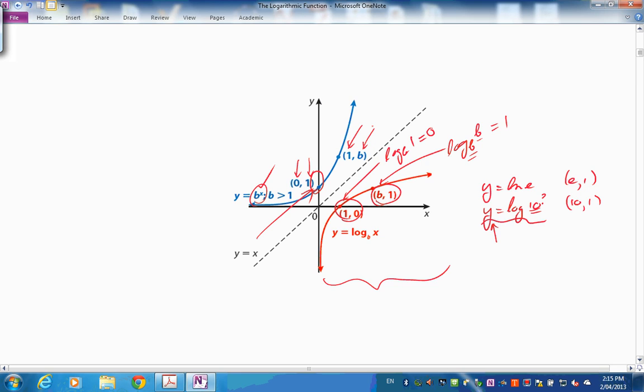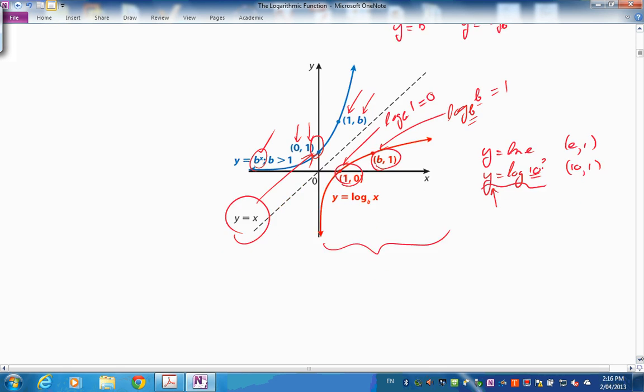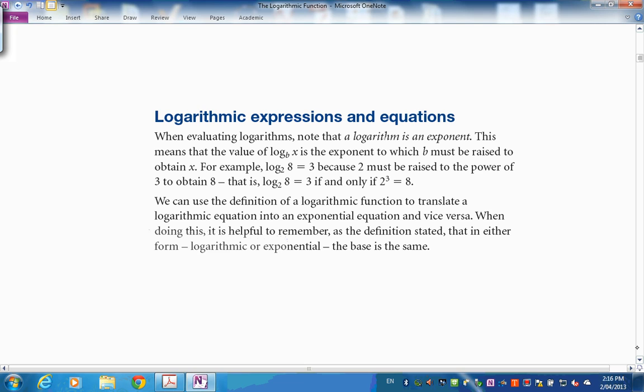We'll look at this again later, but it looks like y equals b to the x, and y equals log to the base b of x are what? Inverses. It looks like one's a reflection of the other in the line y equals x. So we're going to investigate that later on, where they are the inverse of each other. Certainly looks that way. Let's go down and have a look at some logarithmic expressions and equations and so on.